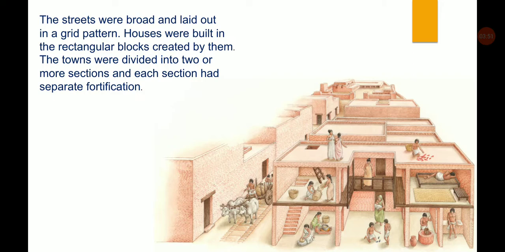Grid pattern means something which is in a pattern of straight lines that cross over each other, forming squares. Houses were built in the rectangular blocks created by them. The towns were divided into two or more sections, and each section had separate fortification. Fortification means a defensive wall.